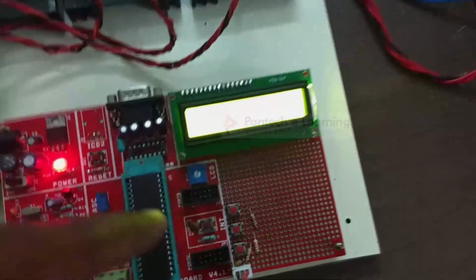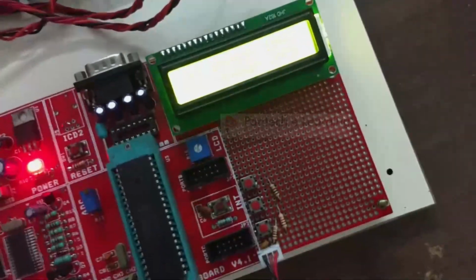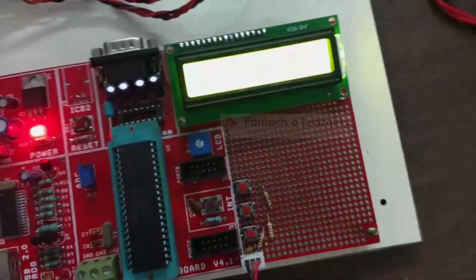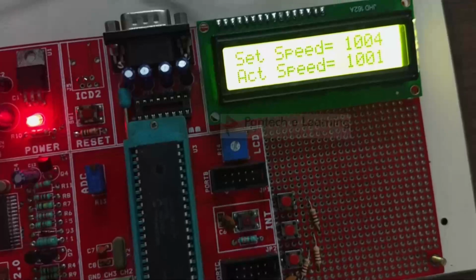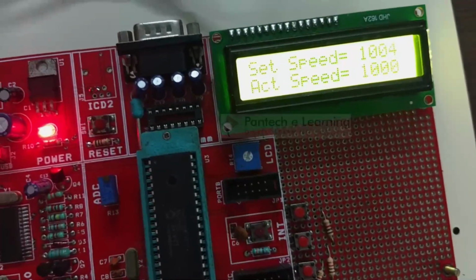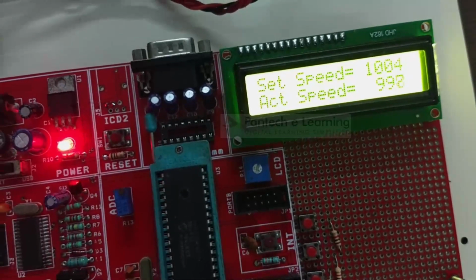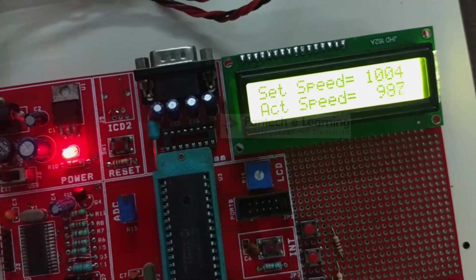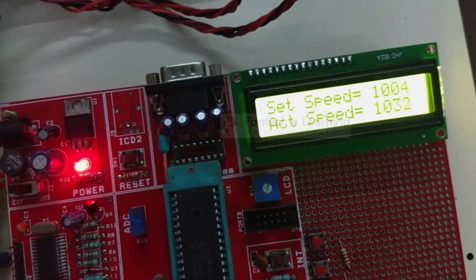Now I have set it for 1000 RPM, it is running at 1000 RPM. Now I am going to reduce the input voltage. At that time also the motor will try to settle at the same set speed RPM. Now I am going to increase the input AC voltage.